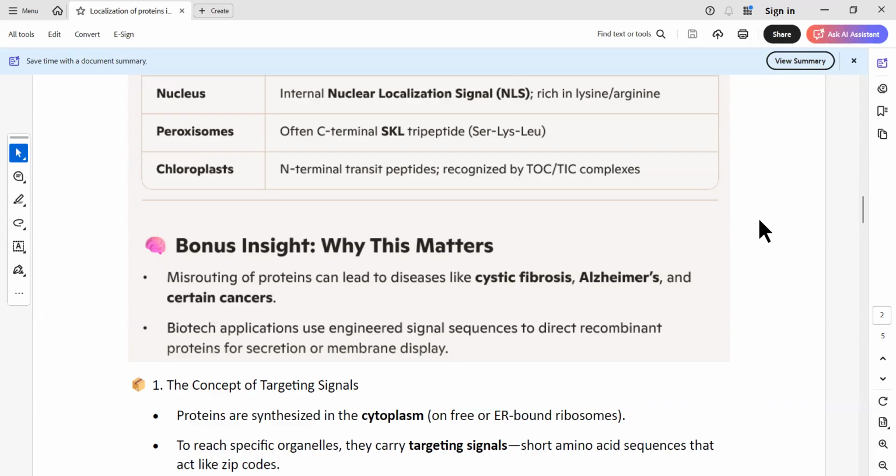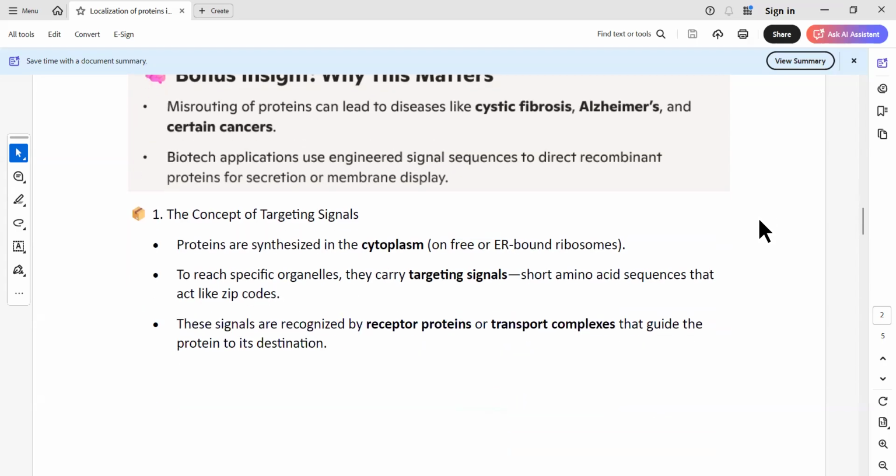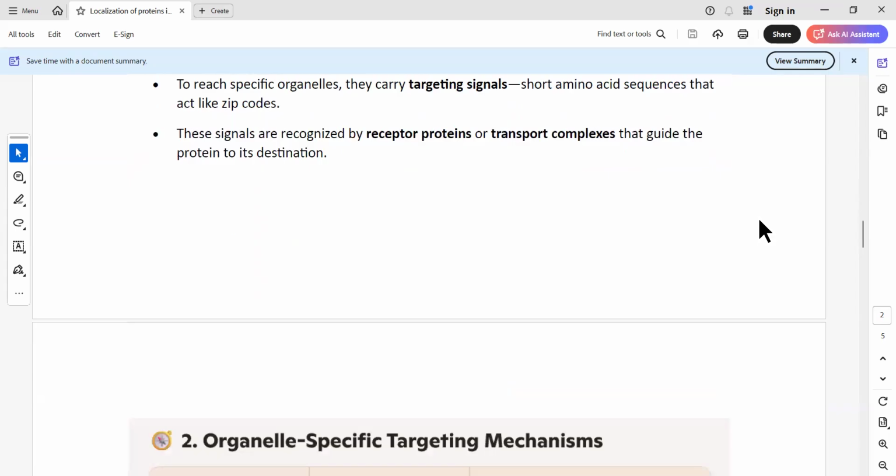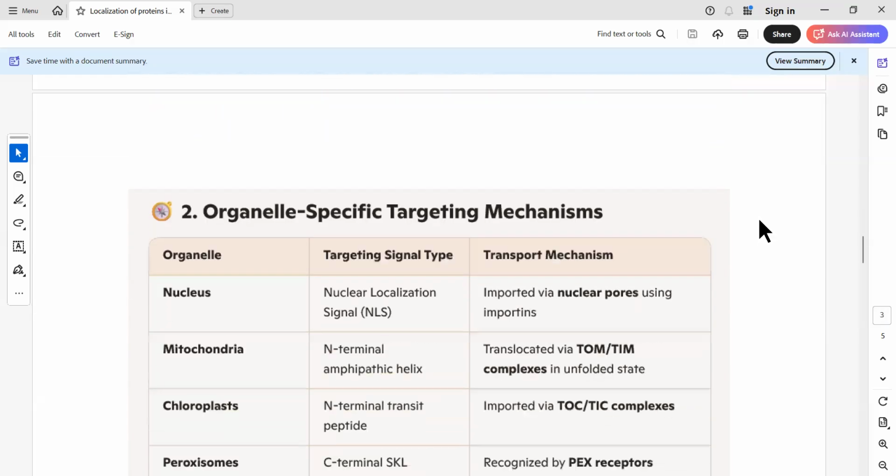Here again we see the concept of targeting signals. Proteins may be synthesized in free ribosomes or ribosomes bound to the rough endoplasmic reticulum. The important thing is that these signals are recognized by receptor proteins, like the SRP receptor in the case of the ER, or transport complexes that guide proteins to their destination.